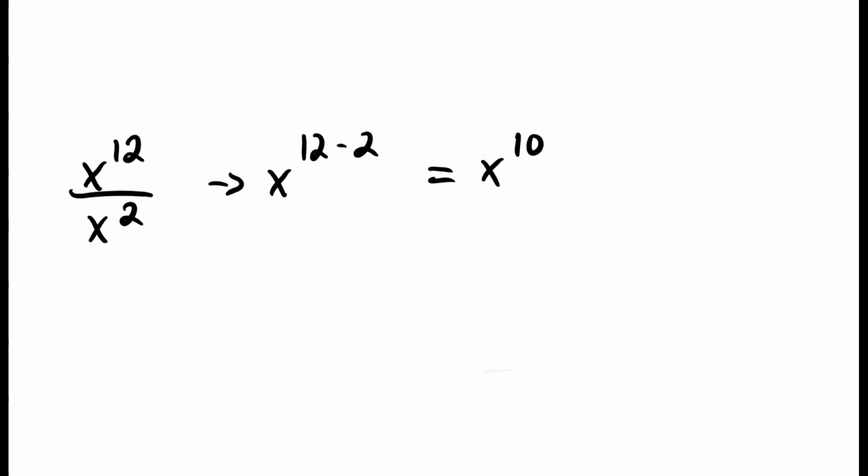Well, x to the power of 12 divided by x to the power of 2 means we have to follow the quotient law now, and we're going to go back to subtraction. So x to the power of 12 subtract x to the power of 2 equals x to the power of 10. And again, we can't evaluate this because we don't have any value for x here.